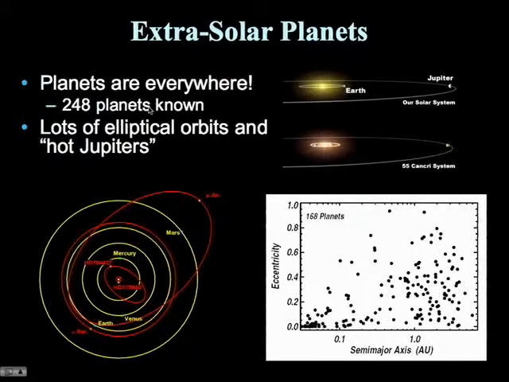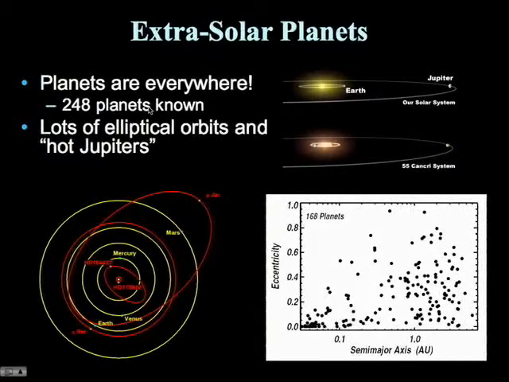So for example, each of these dots, showing orbital distance versus eccentricity, is one of the known planets. And you can see there's a lot of them up here that have significant eccentricity. All the planets in the solar system have eccentricities below about 0.05 or 0.08 or so. But in a few cases, there are planets that look something like the solar system.